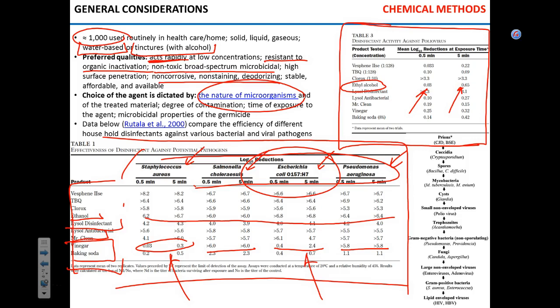Okay? Lysol is sort of better. But in general, you can see that poliovirus is much more resistant than any of 4 microorganisms shown in the table 1.